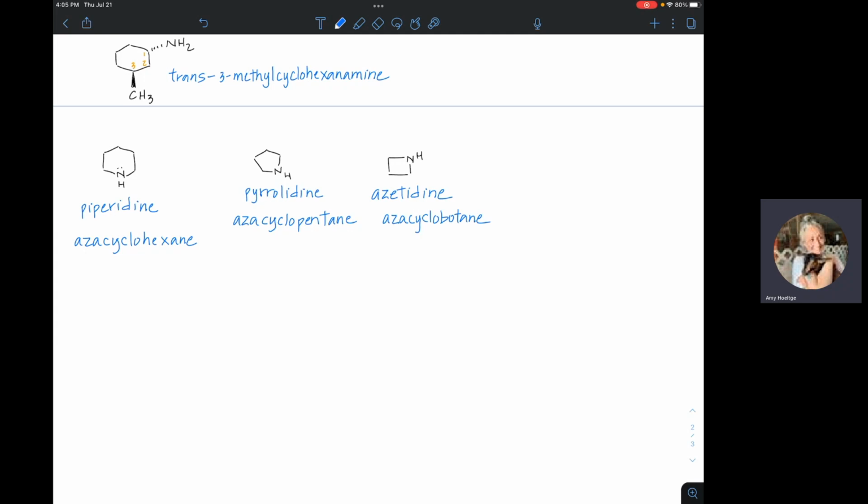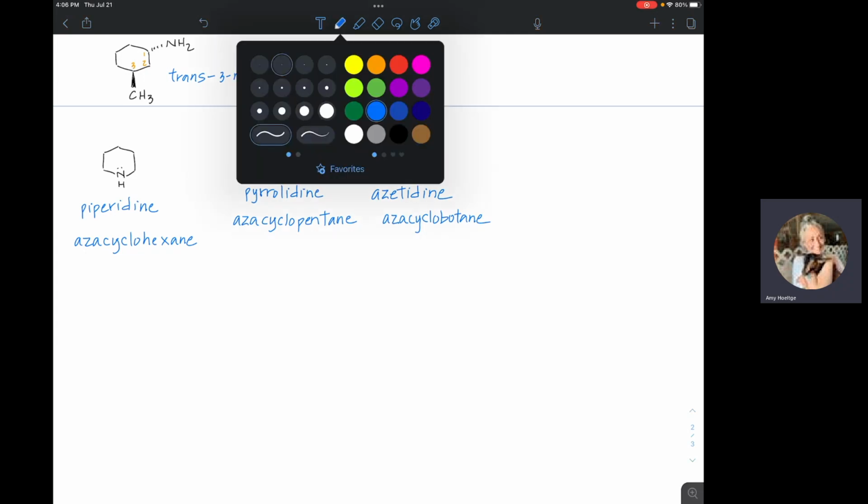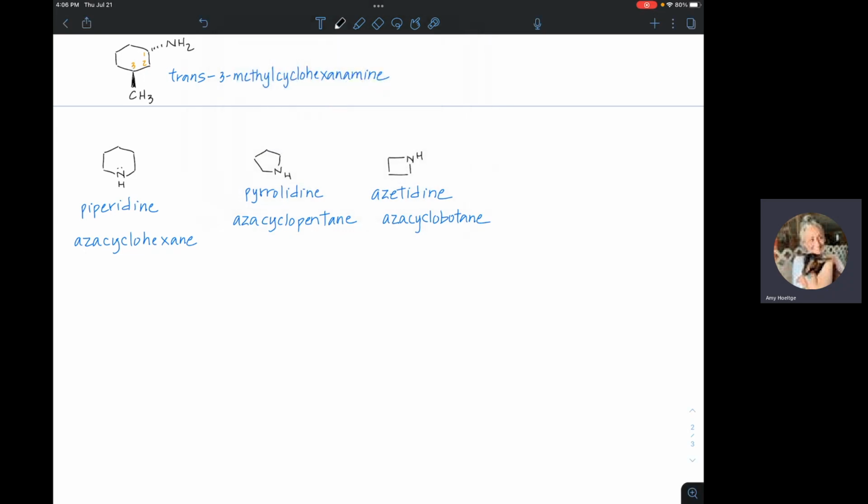And if you had something other than a hydrogen on the nitrogen, you would indicate that you had a group. So you'd name the alkyl group, and you'd put that capital italicized N, right, to indicate that it's on the nitrogen. I could give you an example in a sec. I want to just do the three-membered ring real quick. So remember, with epoxides, we had a three-membered ring where one of the carbon positions was occupied by an oxygen.